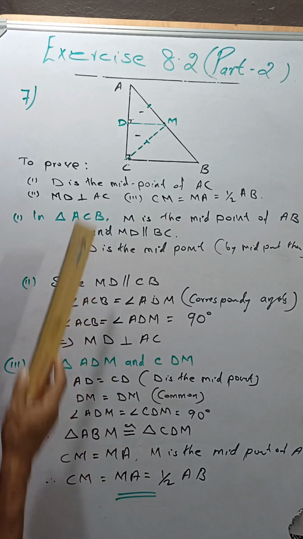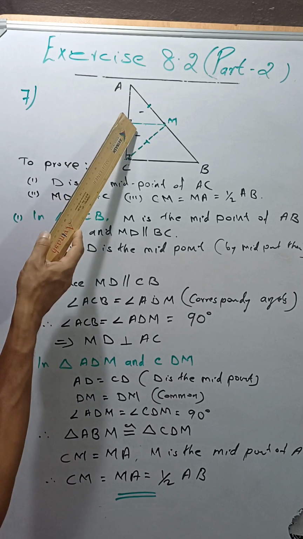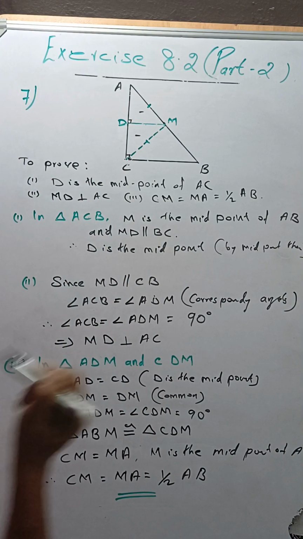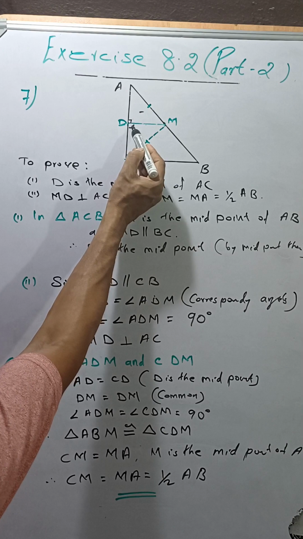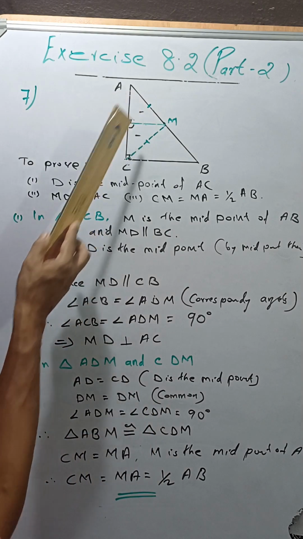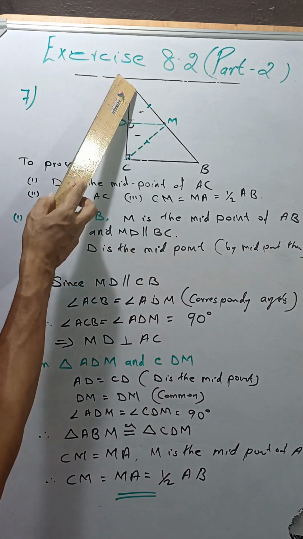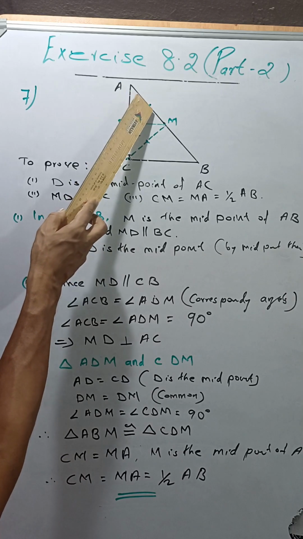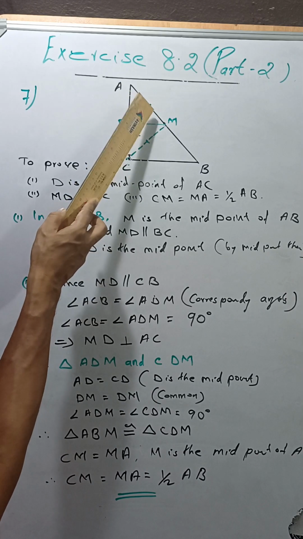And this angle is 90 degrees, and this angle is also 90 degrees, which means angle ADM is equal to angle CDM, which is equal to 90 degrees. So these two triangles are congruent. If these two triangles are congruent, we can say CM is equal to AM by corresponding sides of congruent triangles.